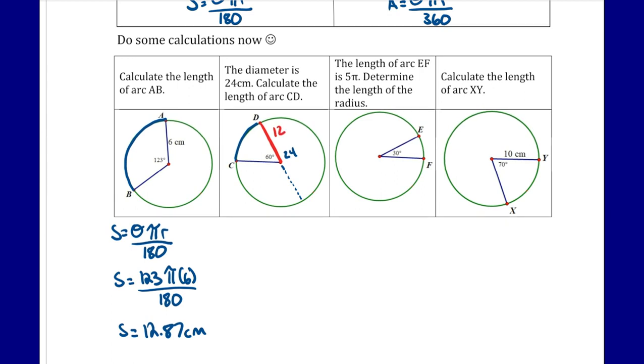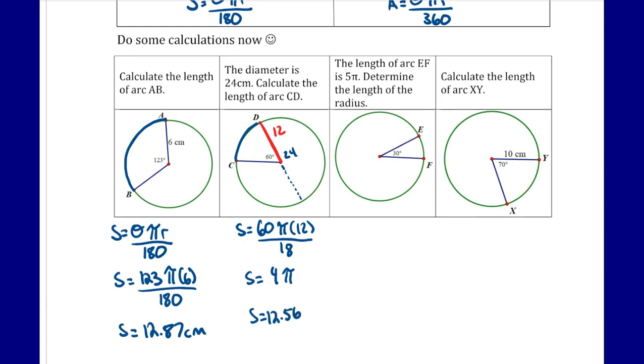So we're using a little bit of our knowledge of a circle to determine the radius. Now I can use it in my formula. I'm not going to keep rewriting the formula because we already have one example, but it would be 60 times pi times 12 divided by 180. S is equal to, when we calculate that, 4 pi, or we can say 12.56.